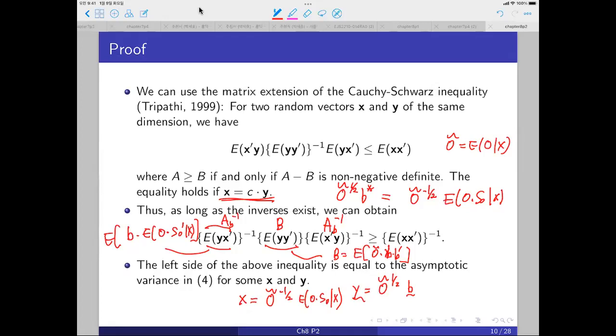So we have to have this, no other choice. But there's an expectation of O times S0 on the left-hand side. How do we cancel that? The expectation of O times S0 given X and times Y, how does that term become O to the 1/2 times B?